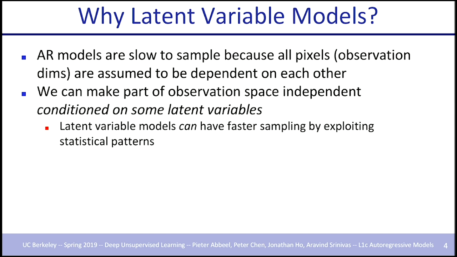But if we could make part of the observation space independent, conditioned on some latent variable, then that could drastically speed up the sampling. And the speeding up of the sampling is really a result of the fact that you exploit certain statistical patterns in your data that are otherwise captured in a very blind way in an autoregressive model.